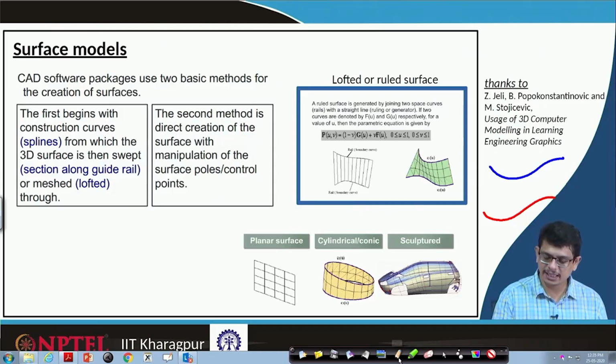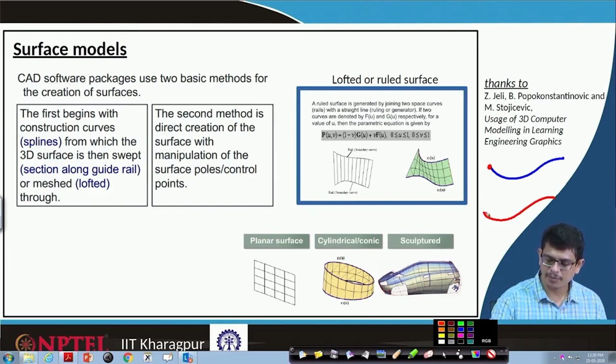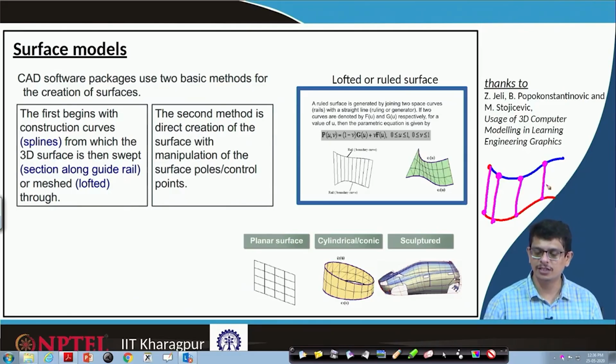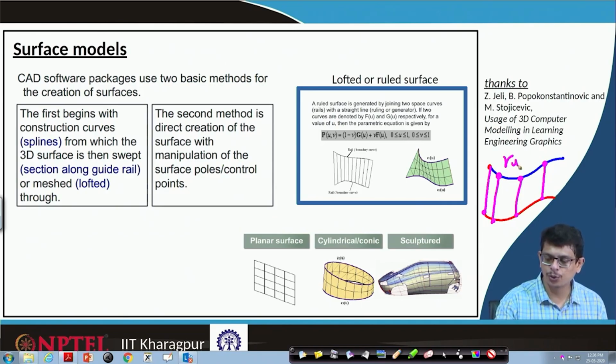In that case, the easiest thing one can do is join each and every point: pick a point, join it by a line. Similarly, pick another point, join it by a line, and so on. If we construct such an object, that is what we call a ruled surface.